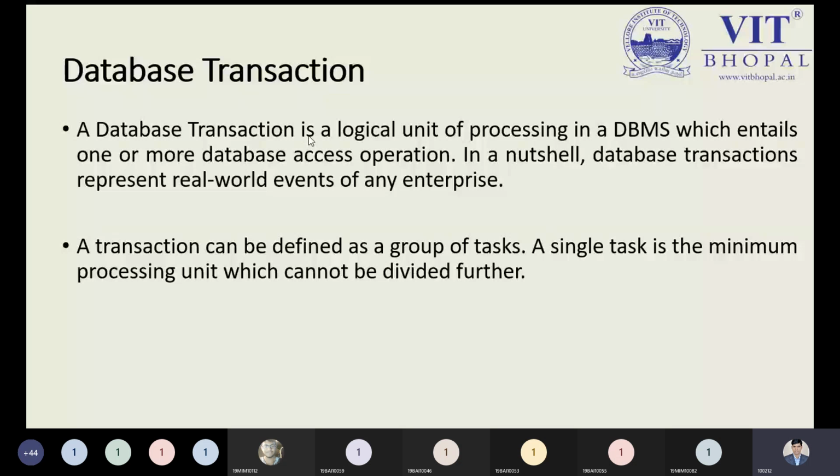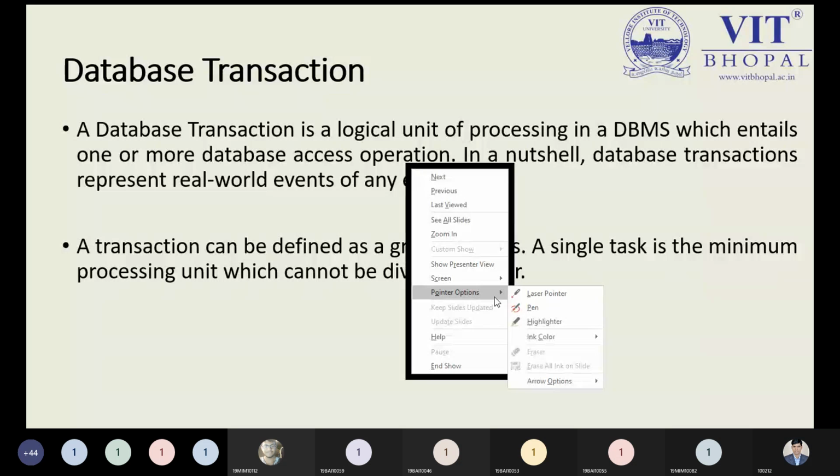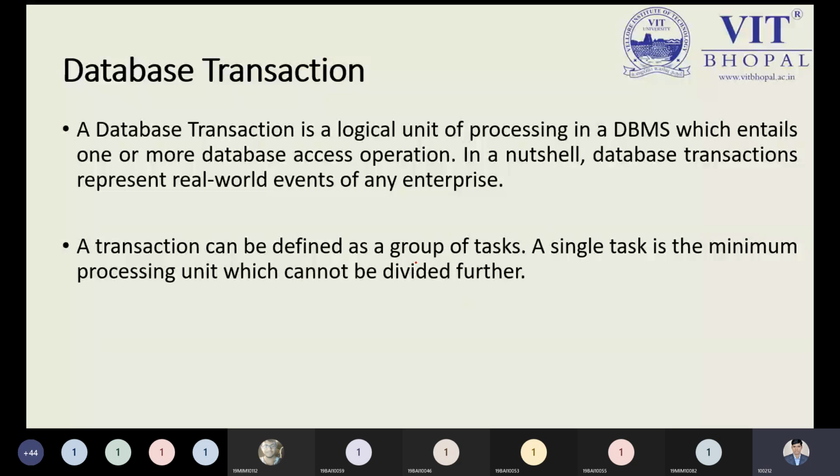So what are the three operations I'm doing here? You can see a group of tasks here. Let me write over here for explanation: I'm reading the account, and I'm updating some information, and at the last I'm closing.